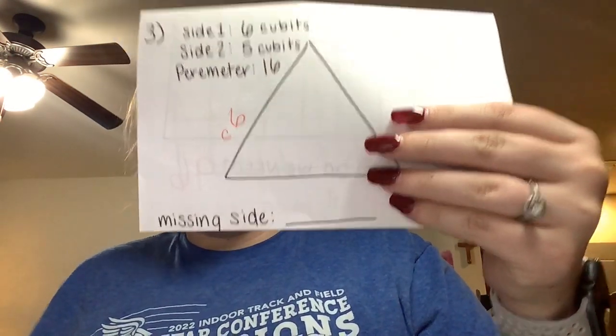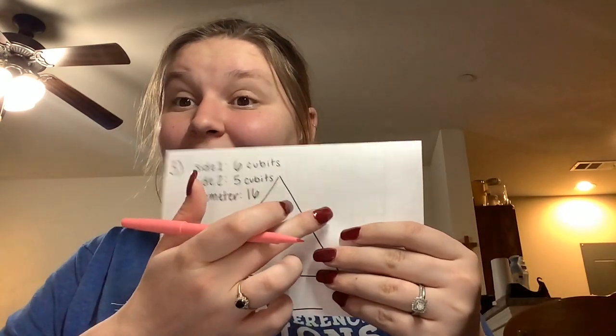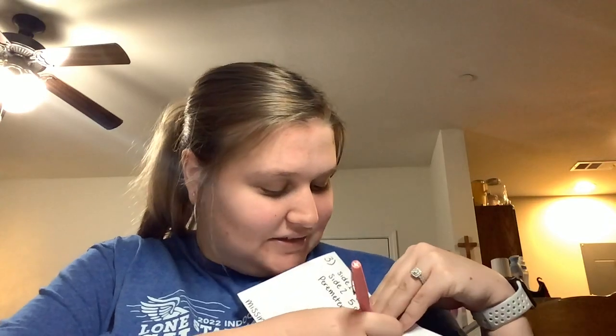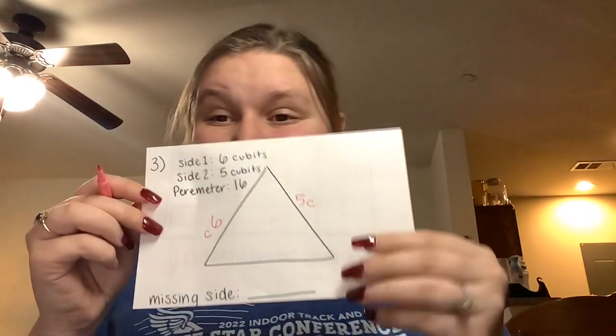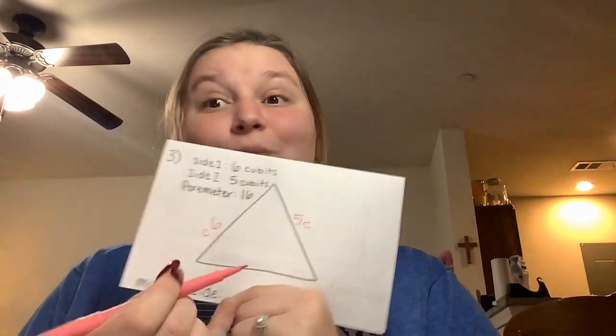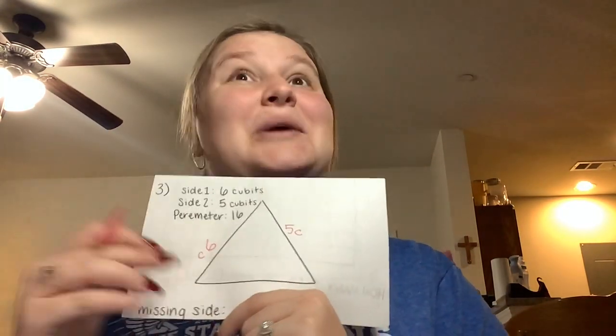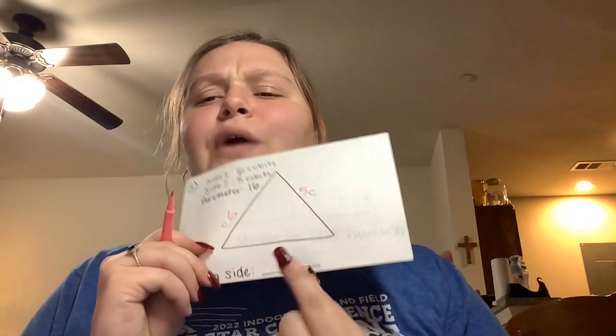And I'm gonna put a C for cubits. And then I'm gonna call this side my side number 2. And this is going to be 5 cubits. And do we know the side? No, this is our missing side. So let's go ahead and write a question mark right here.